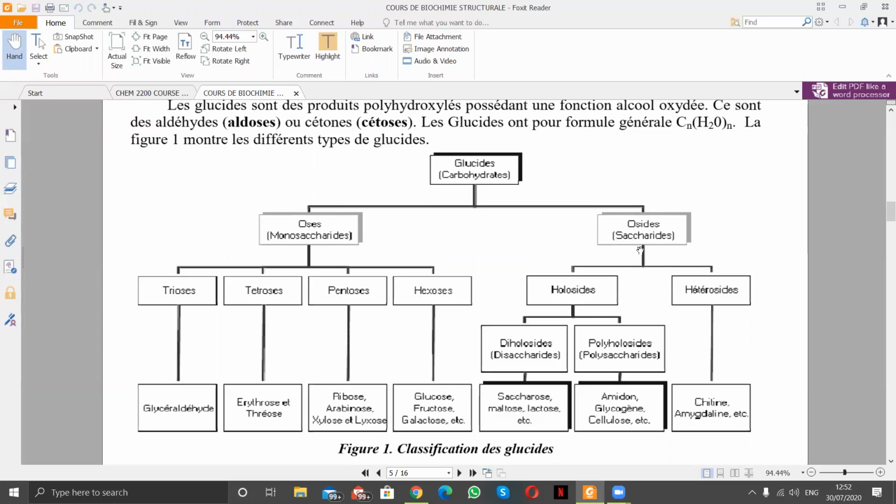Then when we go this side, we say these are complex carbohydrates, which contain carbon, hydrogen, oxygen, and some other elements such as nitrogen, sulfur, and phosphorus. Are we together?